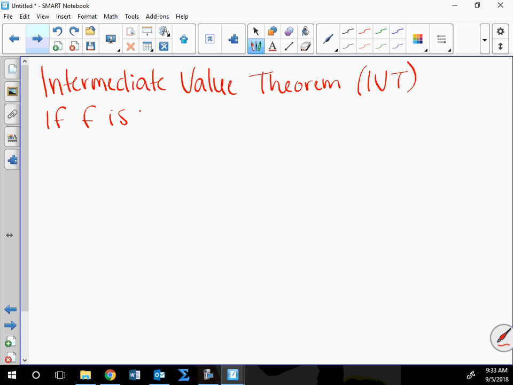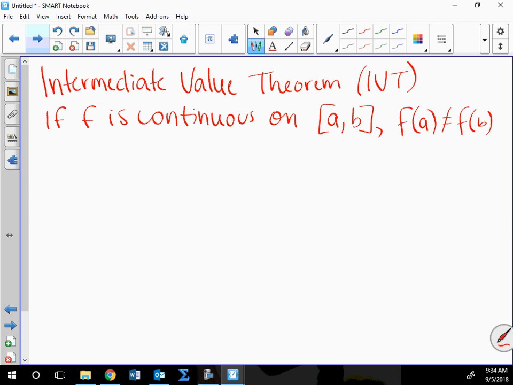If f is continuous on the closed interval from A to B, and f of A does not equal f of B, so those endpoints are not at the same height.